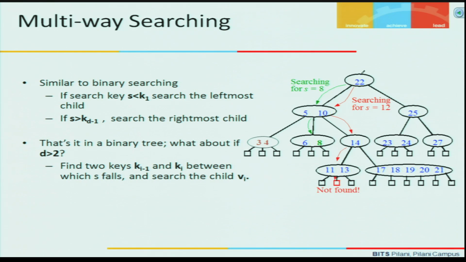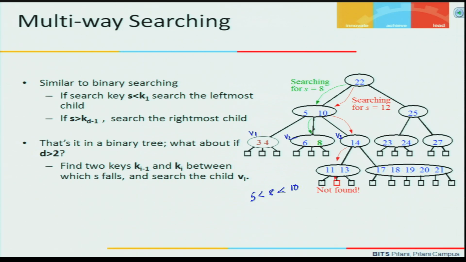So, at this particular node you will have this as V1, this as V2 and this as V3, and as we compare 8, we know 5 is less than 8 is less than 10, we are going to search for 8 in V2, correct. So, at this stage we will shift our search to V2.